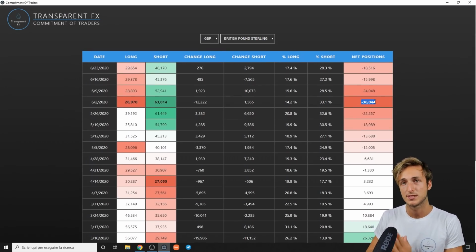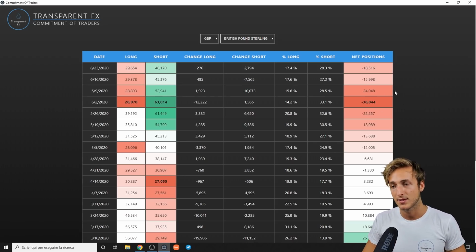So we went from an institutional perspective, from having way more longs than shorts to having way more shorts than longs on GBP USD. And with the last data, we went from minus 36K to minus 18K. So what does it mean?